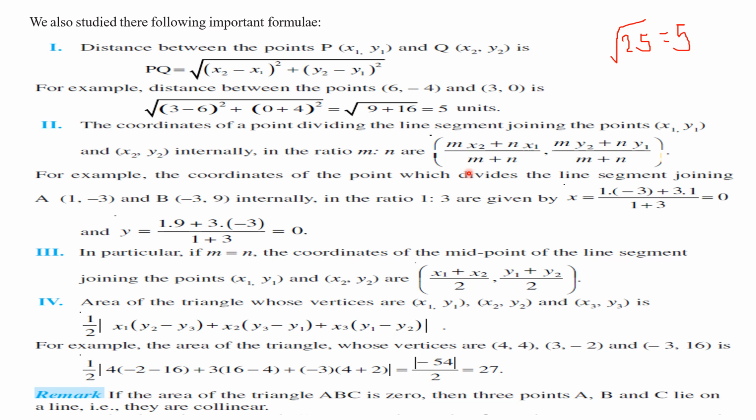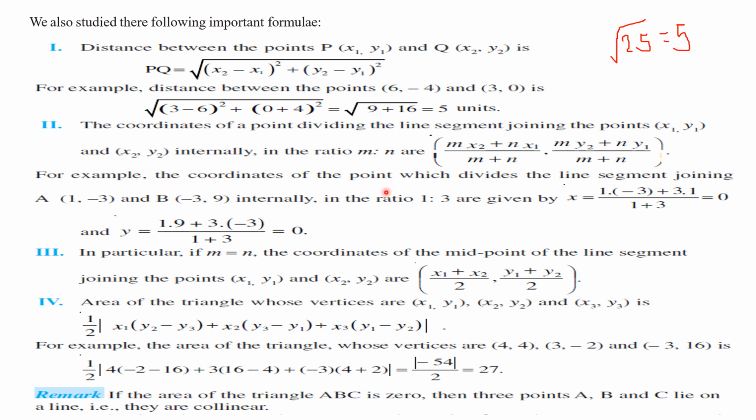These two are the coordinates of the point which divides the line segment joining the points (x1, y1) and (x2, y2). Okay, my dear children, do you remember this one? To use this formula, let us take an example.